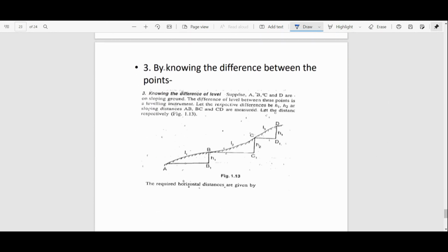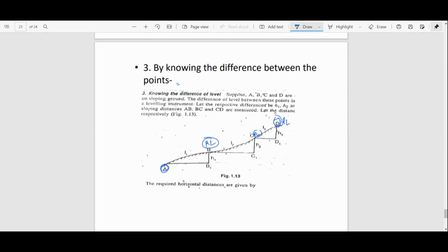Now the third one is by knowing the difference between the points. Suppose this is point D and this is point A, and we have to calculate the horizontal distance between A and D. This one is the slope distance. Now what if we know the RL of D point? RL is basically our reduced level, RL of C point, and suppose we know the RL of B point.